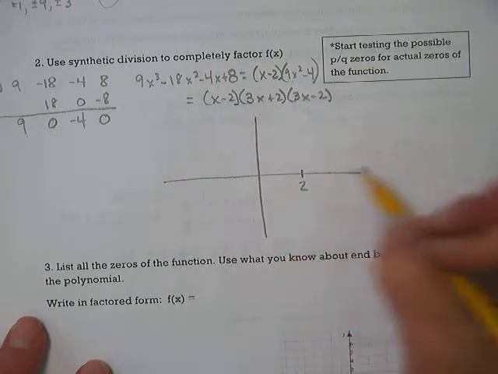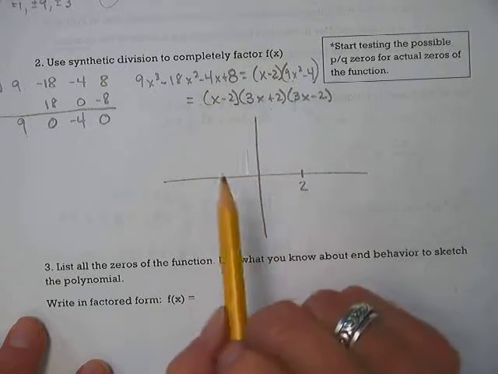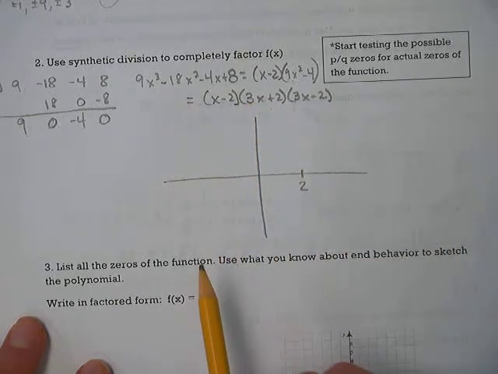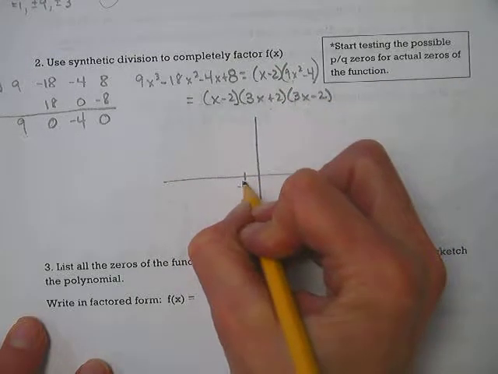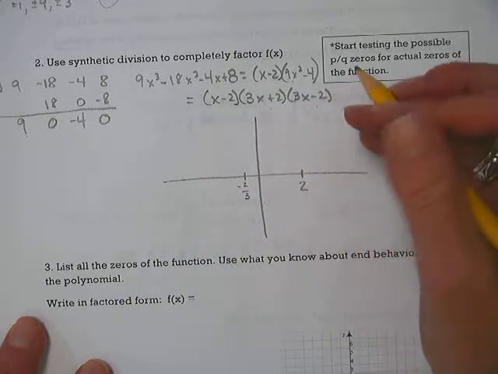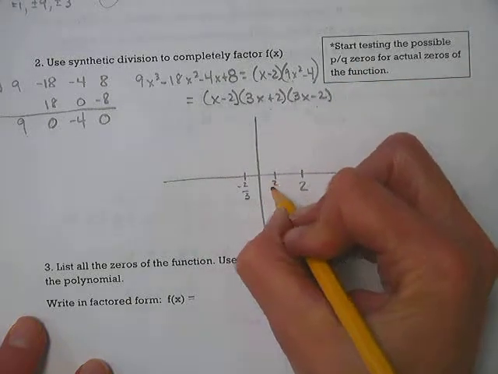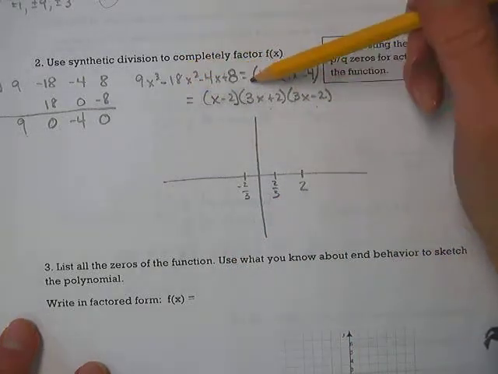Okay, now that I have these factors, John, what would I do to sketch this graph? Just put it in the graph. Yep, but I need to label some x points. Where's it going to cross the x-axis? 2. Yeah, no, negative 2. Wait, I crossed that 2 twice? What's this 0?